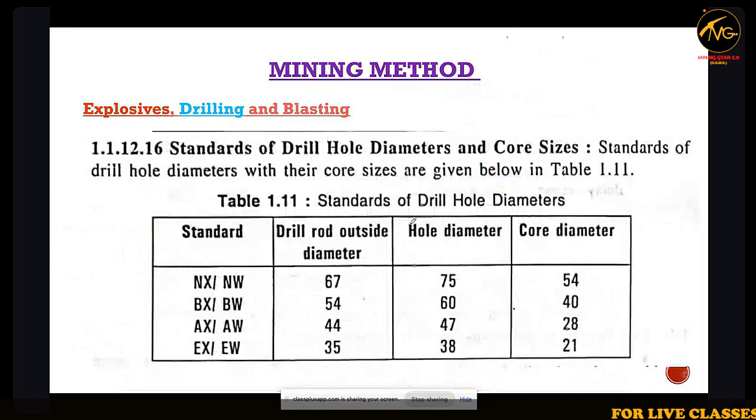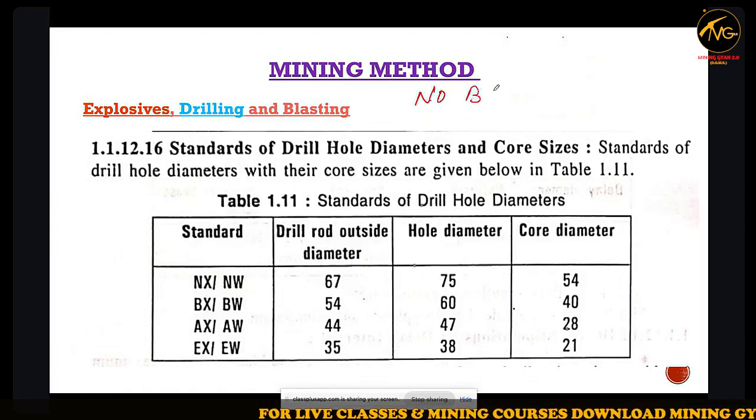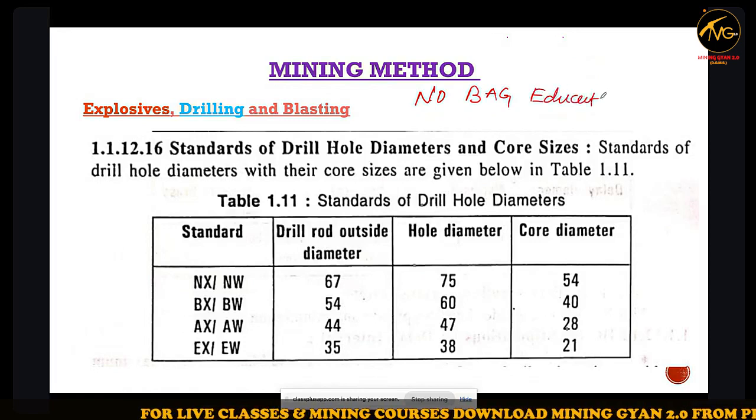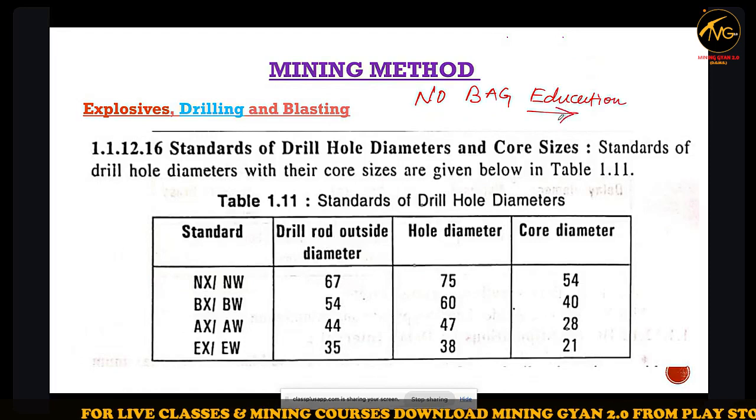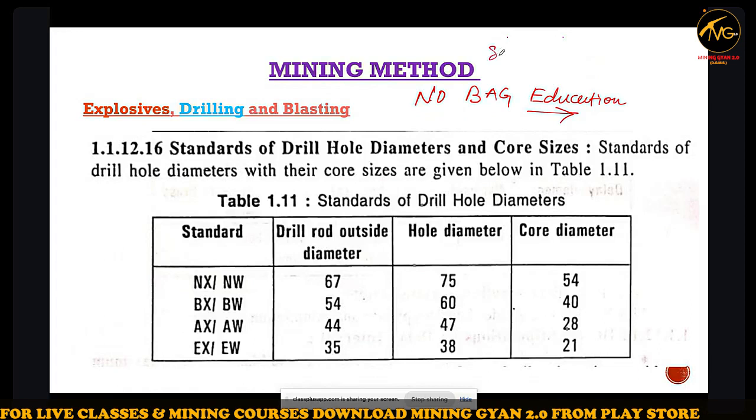Coming to the standard drilling hole diameter and the core size. I have made a trick: no back in education. Have you heard this one? No back policy. Many governments have taken the no back policy on Saturday or any one weekday. So no back in education.